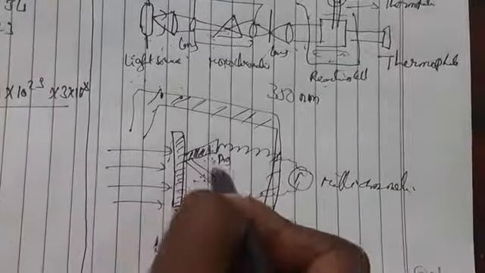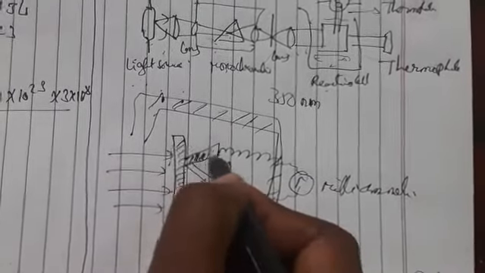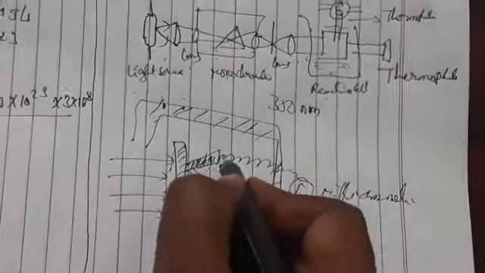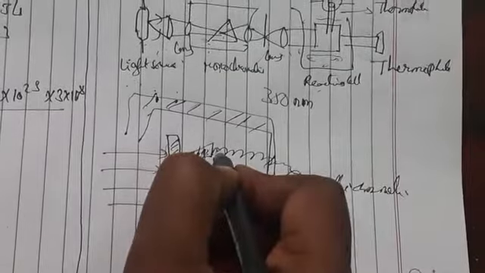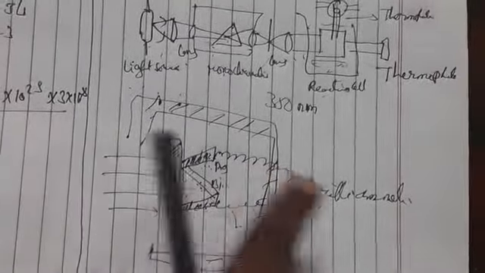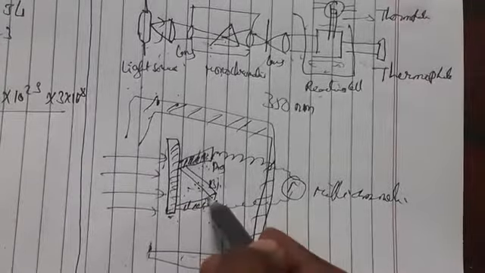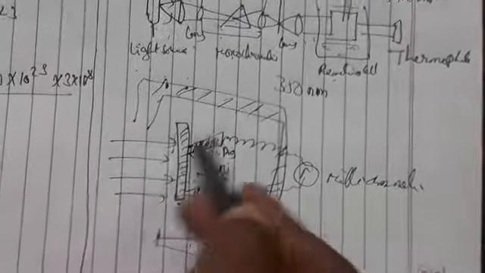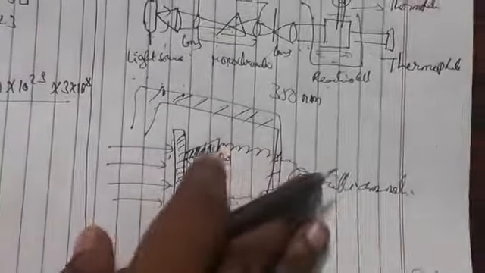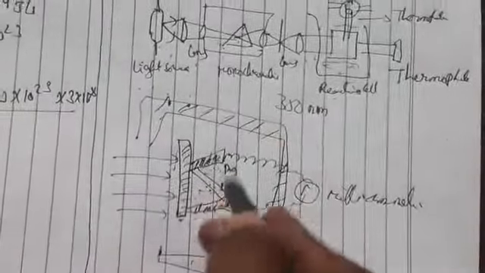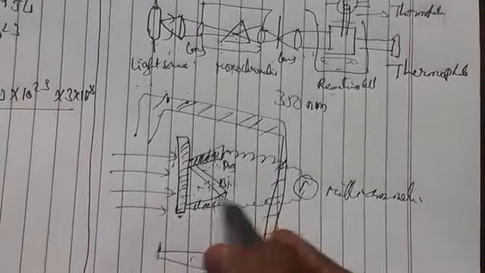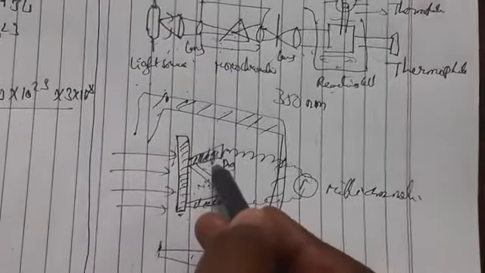The heat radiation associated with the light radiation is also absorbed by this blackened silver set. When the temperature is raised, this junction is the hot end and that one is the cold end.